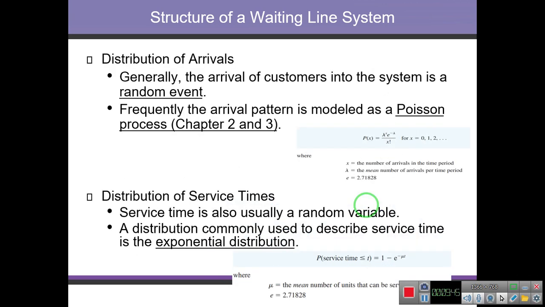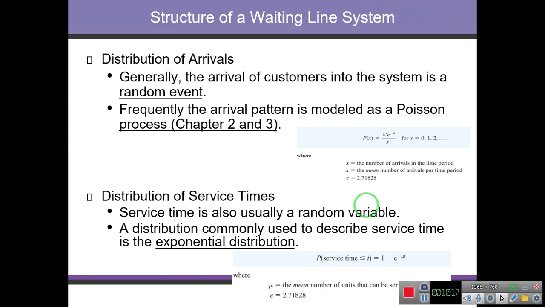Okay, so the distribution of the arrivals. How people arrive does matter. And as we see different examples, it's going to make more sense. Research has shown us that in most cases, the Poisson distribution explains how people arrive at the checkout line at a supermarket or whatever other system we're talking about.